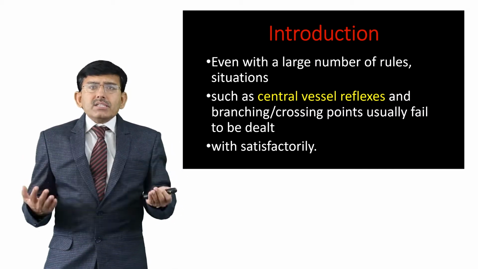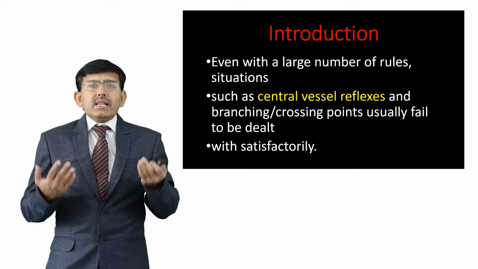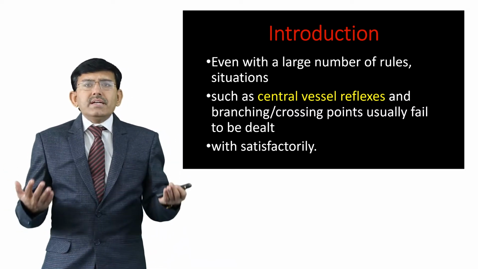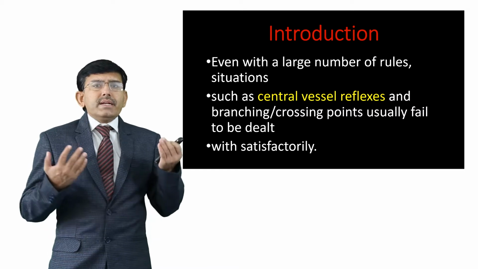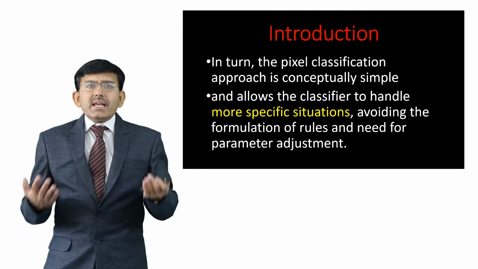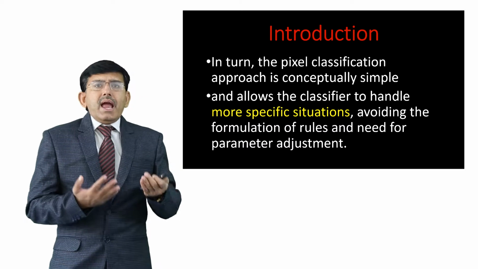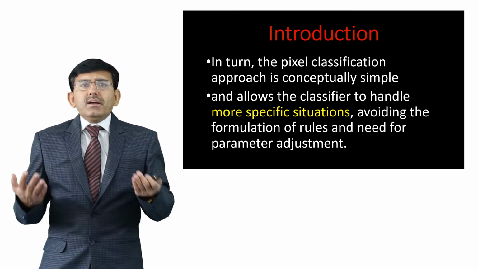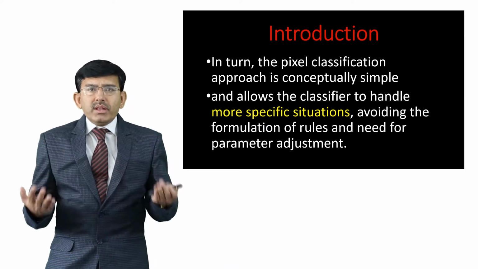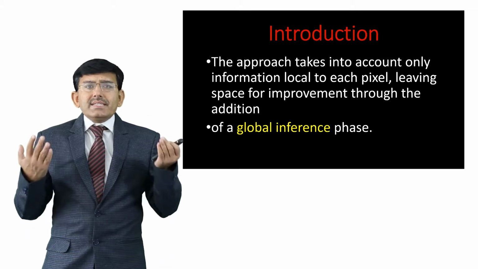Even with a large number of rules, situations such as central vessel reflexes and branching or crossing points usually fail to be dealt with satisfactorily. In turn, the pixel classification approach is conceptually simple and allows the classifier to handle more specific situations, avoiding the formulation of rules and the need for parameter adjustment.